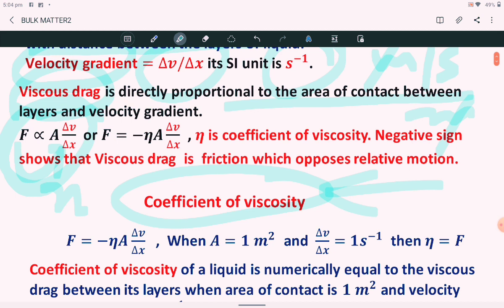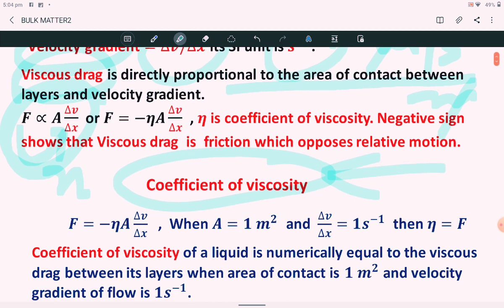Now see here, sometimes you will be asked to write the statement of the coefficient of viscosity. So when all the things like area, del v by del x, if all the things except force and eta are assumed to be unity, so see here, area has been assumed to be 1 meter square.